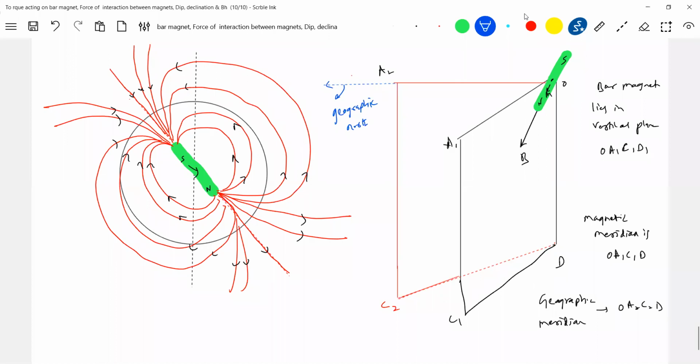The angle between these two is called the declination. Theta we will call it. And what is OA1? OA1 is the surface of the earth. Please, this is very important, because when you go to numericals, you need all this background. OA1 is the surface of the earth, and this angle is the dip.